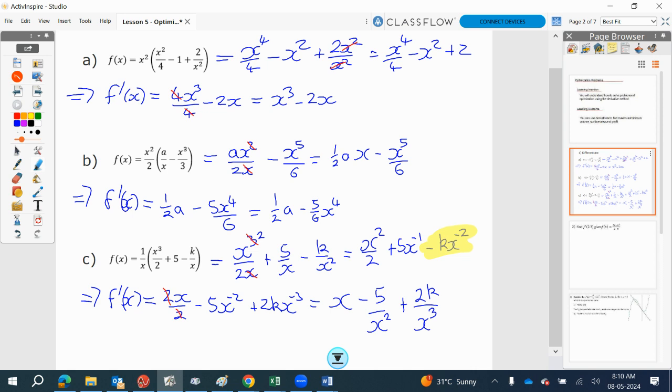If you remember the formula, the derivative of ax to the n is equal to a n x to the n minus 1. This is the power rule. So whatever the exponent is, you take 1 away from it. So minus 2 minus 1 gives minus 3.